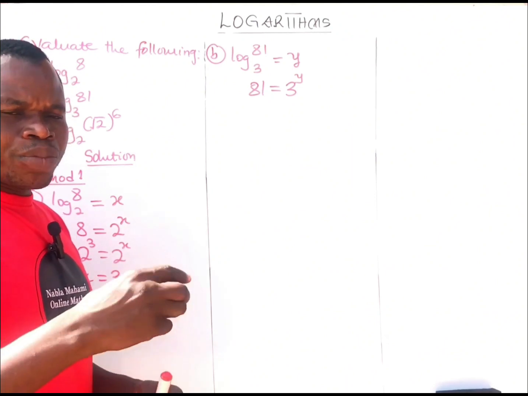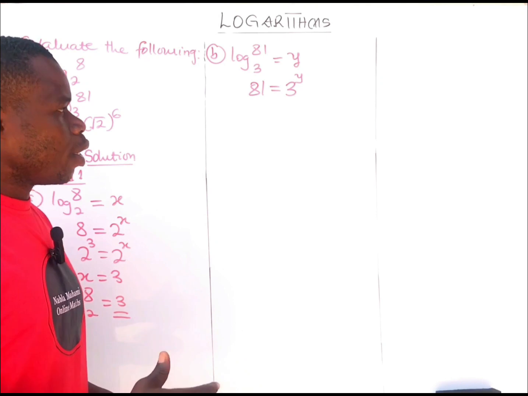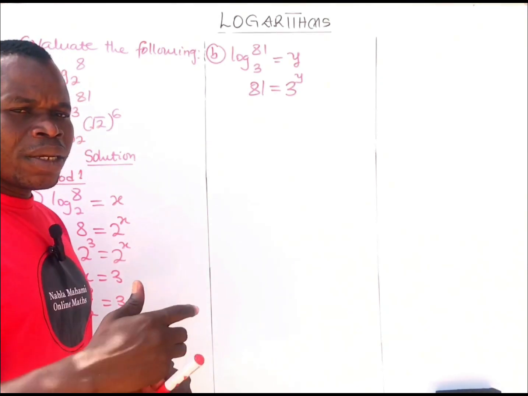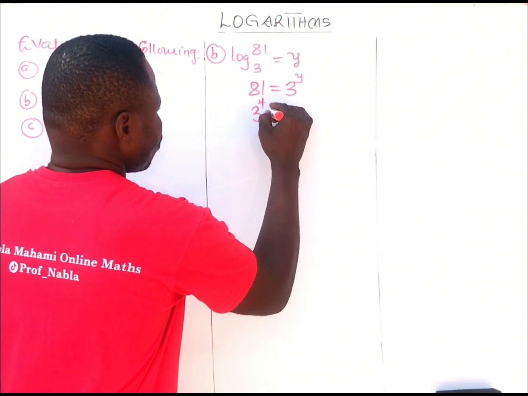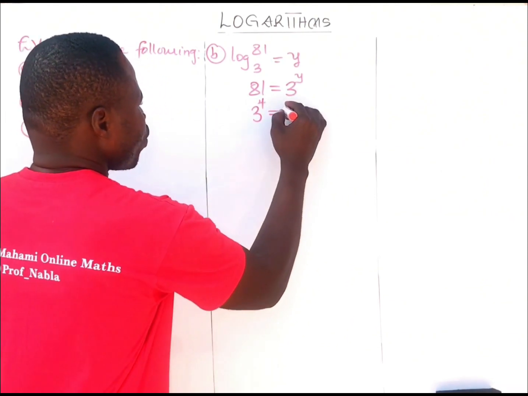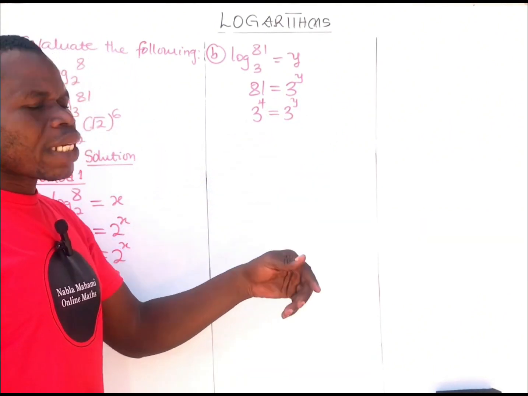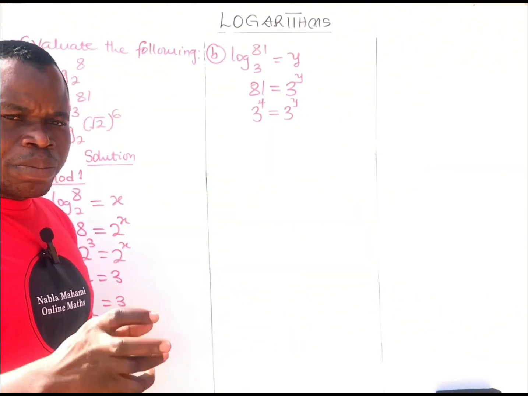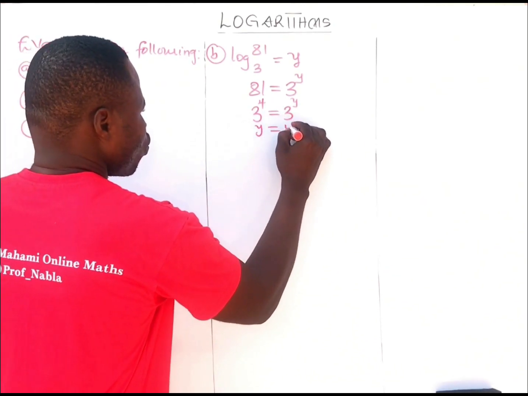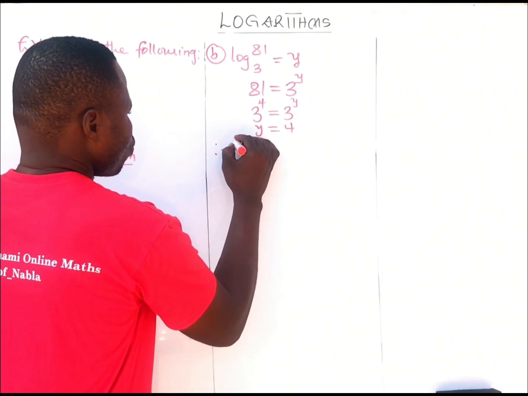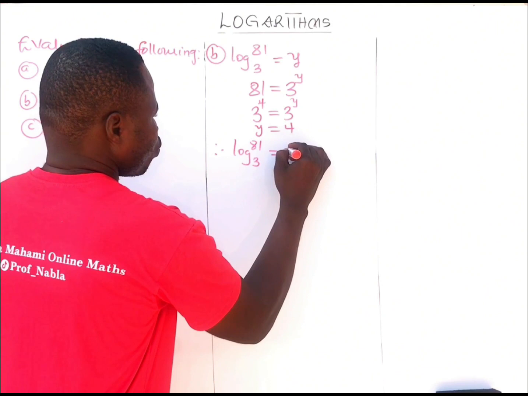And you can see that 3 times 3 is 9, times another 3, 27, times 3, 81, meaning 3 exponent 4 will give me 81, and this should be equal to 3 exponent y. And if the bases are the same, that is 3 is equal to 3, it means the powers too are the same. So that means y will be equal to 4. I can now conclude by saying that log 81 base 3 is equal to 4.